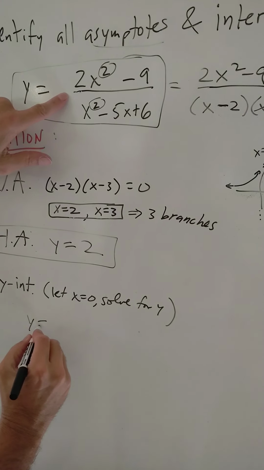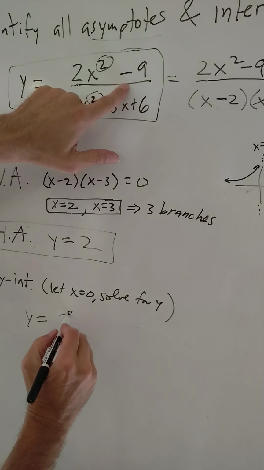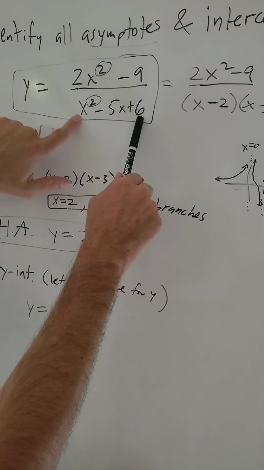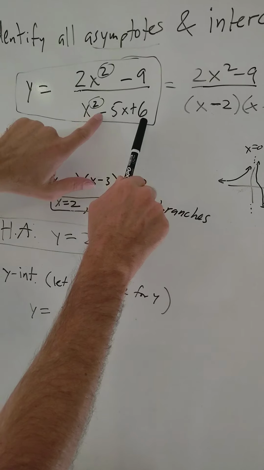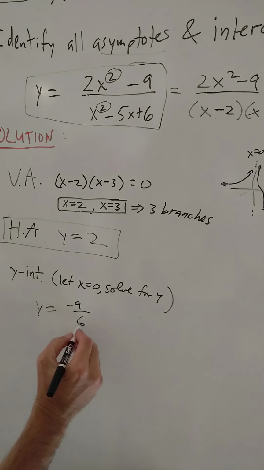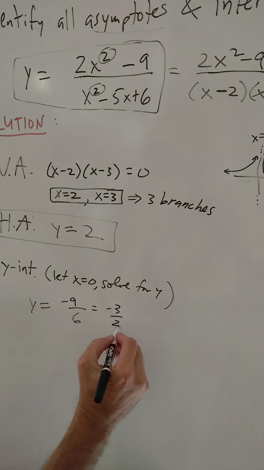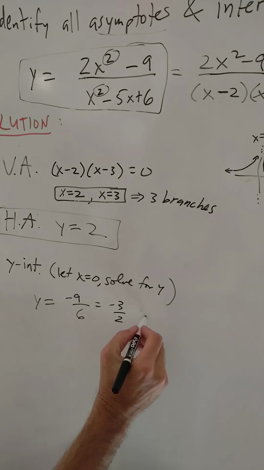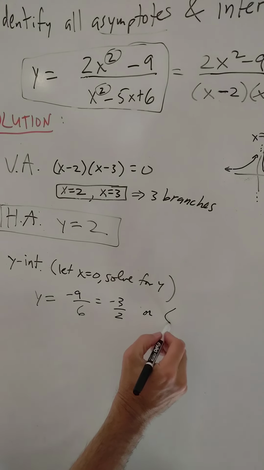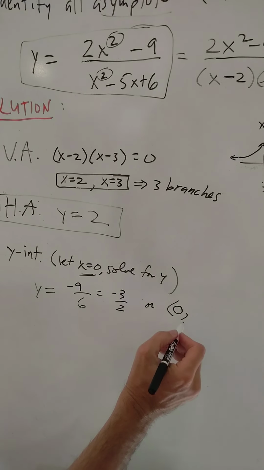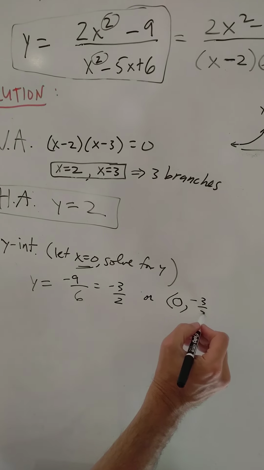I'm going to write y equals, the numerator is just going to be negative 9 over, when x is 0, the first two terms go away, but now we have 6. 0 minus 0 plus 6 is 6. And that reduces, 3 goes into each one of these, so negative 3 halves. I like to write it as an ordered pair. To find the y-intercept, x is always 0, and y in this case is negative 3 halves.